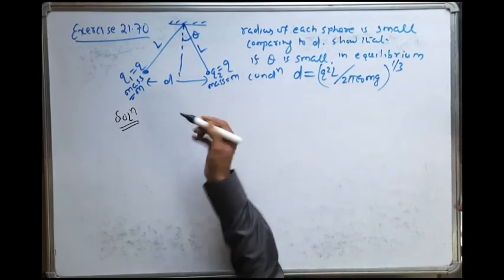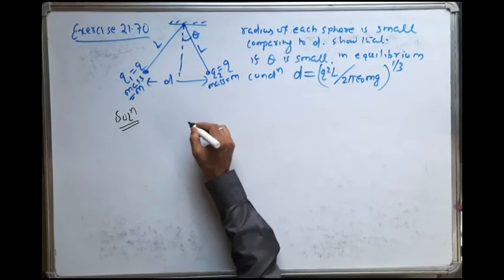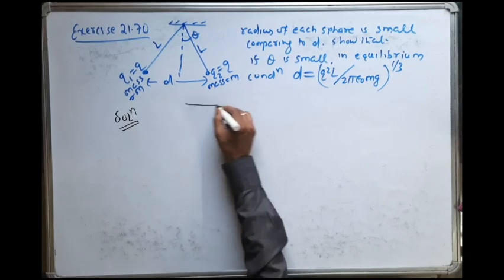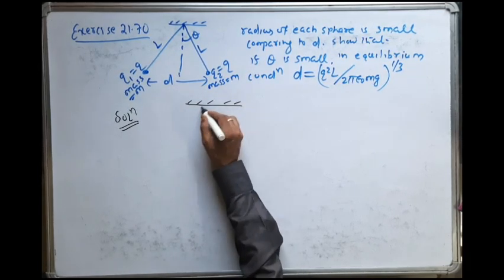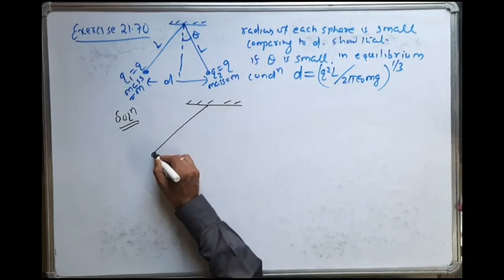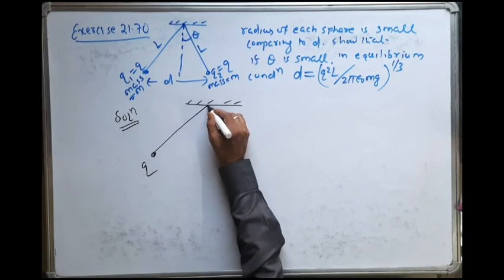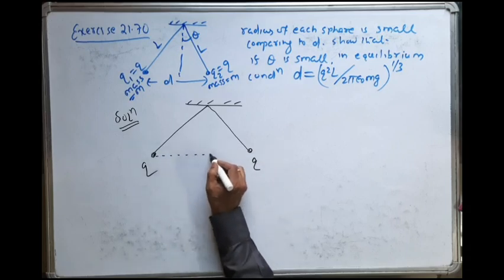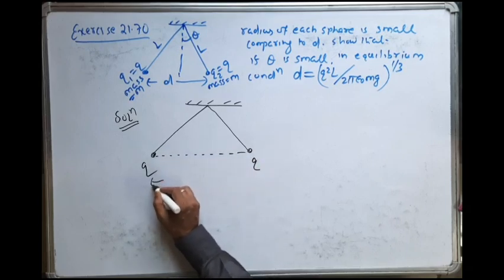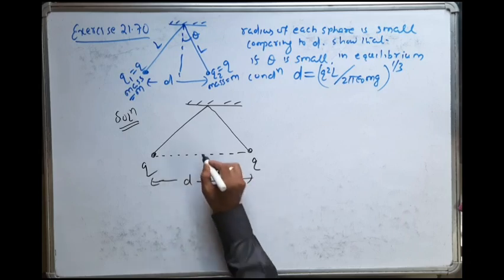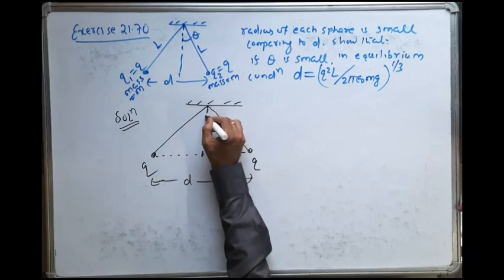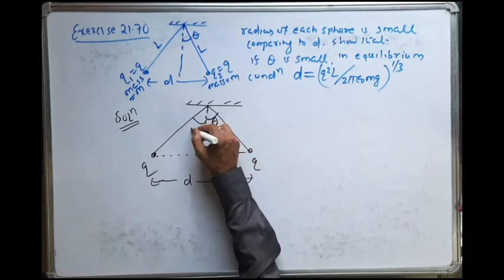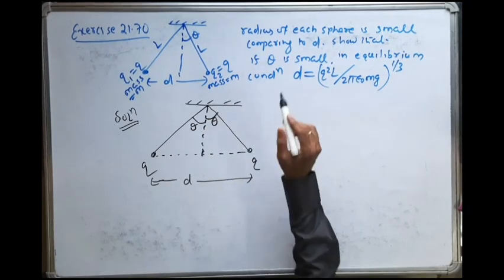Okay. So what we'll do is draw the free body diagram. This is the first charged body q, this is the second charged body q, the distance of separation is d, this is the middle point, and this angle is theta, and it is given that theta is very small.